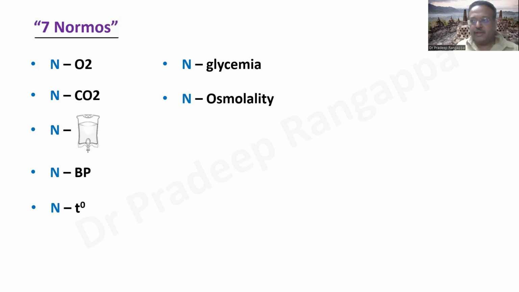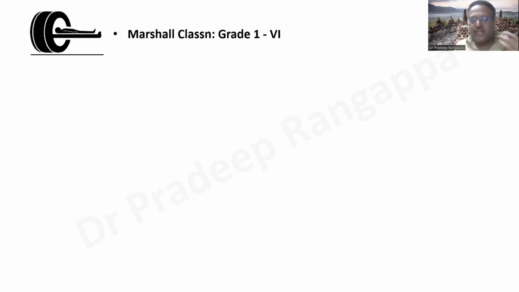In our chart, for any neuro patient, we write maintain 7 normos, and every nurse in my ICU knows what these 7 normos are. These are to make sure that secondary insults are not perpetuated, or we mitigate the secondary insults. I won't delve into the details. So we have finished clinical, where we have spoken about GCS-P, the FOUR score, pupillometry and the 7 normos. Then we'll move on to imaging.